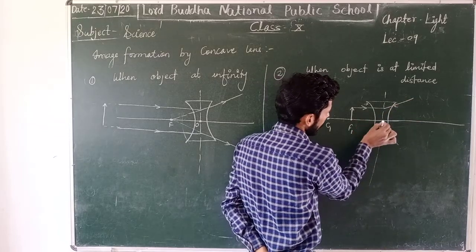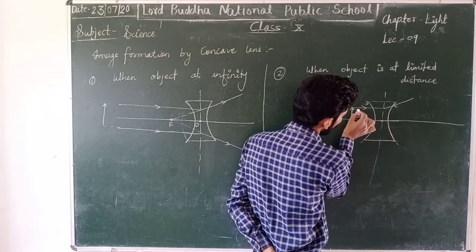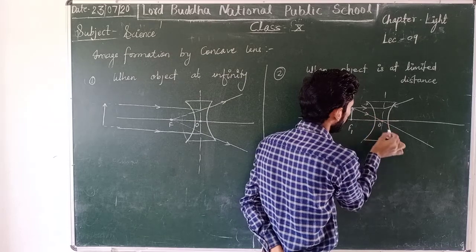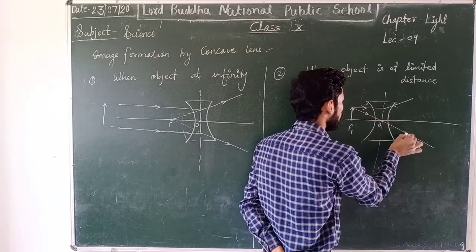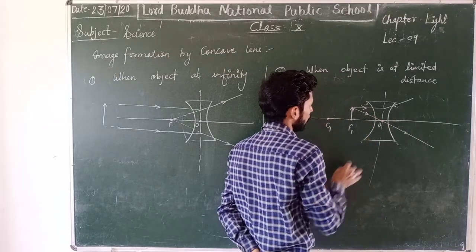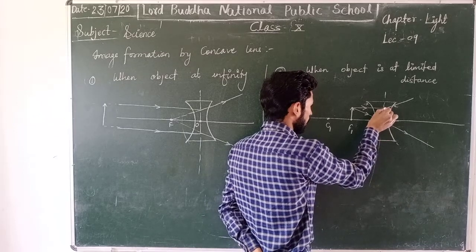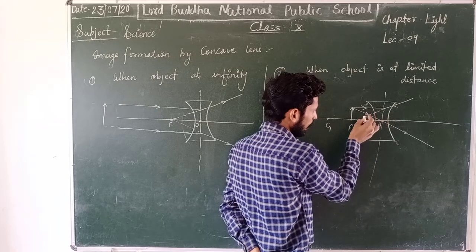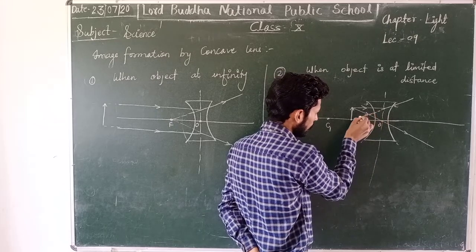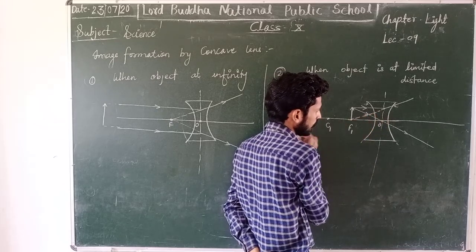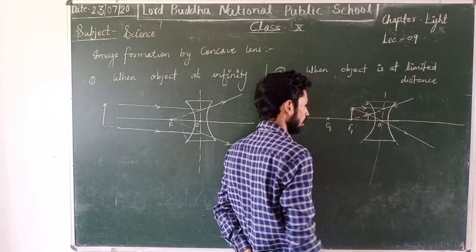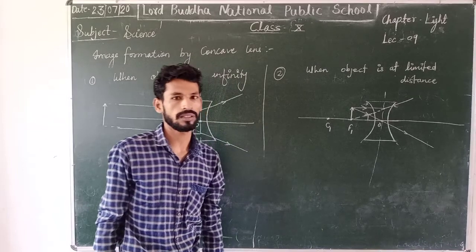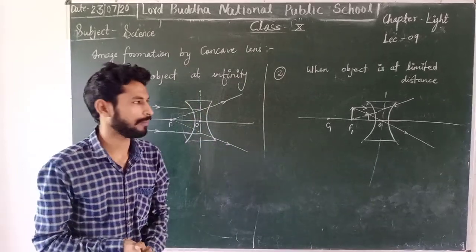But if we pass it through the optical center O, then without any refraction it will pass straight. But if we extend the first ray in the back direction, we can check that these lines will intersect each other. At this point the image can be formed.